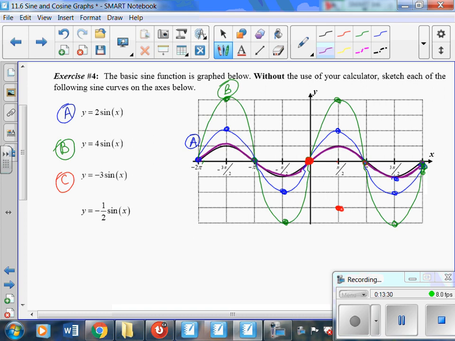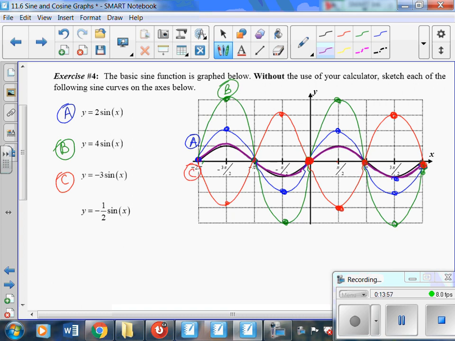Then we get to 0. Instead of being at negative 3 at 3 pi over 2, we're going to be at positive 3, and then we're coming back again. So what this looks like is this, and most of the time, once you get this part of the curve, the rest of it just seems to follow suit pretty nicely. Like that. So this is our C.